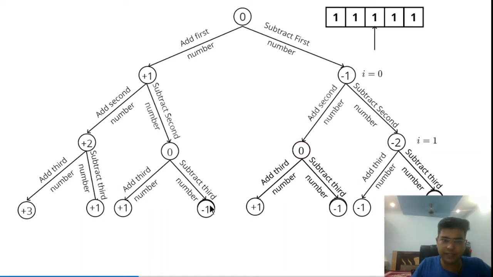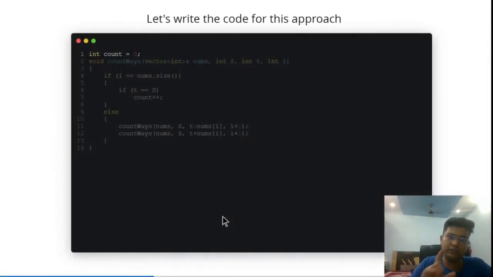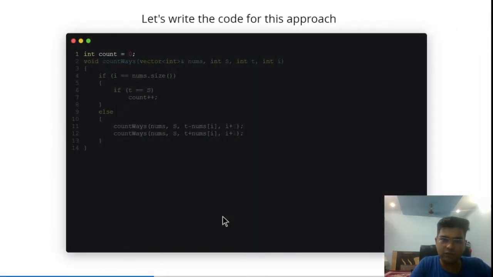If you see here, this -1 is formed repeatedly, and this -1 plus 1 is also formed. So we need to reduce those overlapping subproblems, store some results, and then just reuse those results again and again, and then we can optimize this.